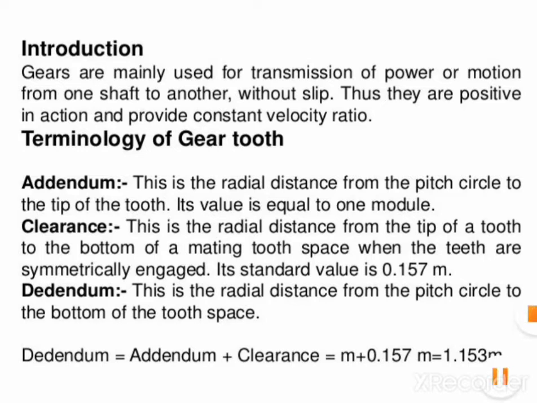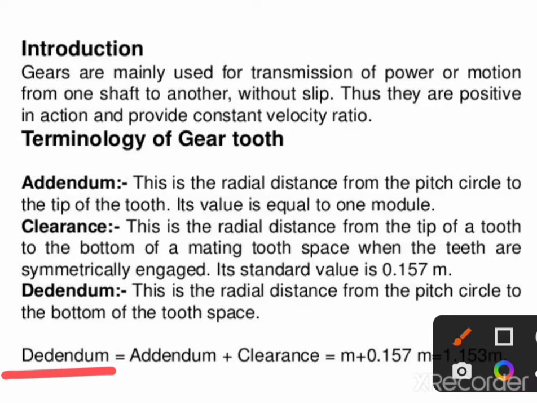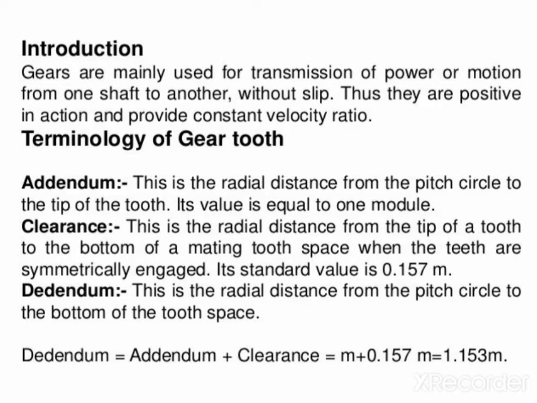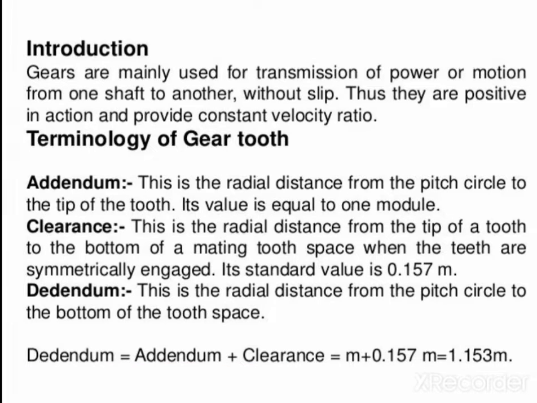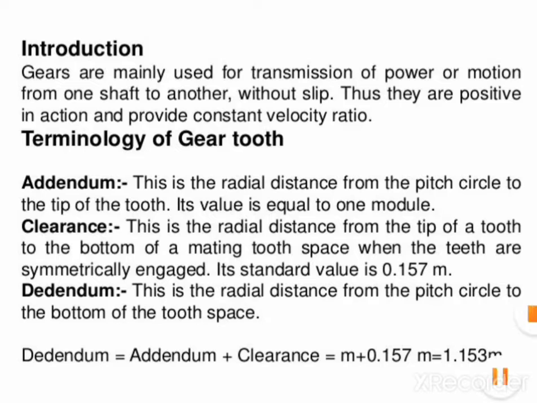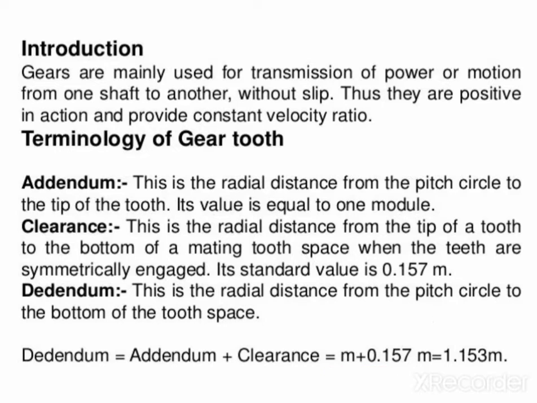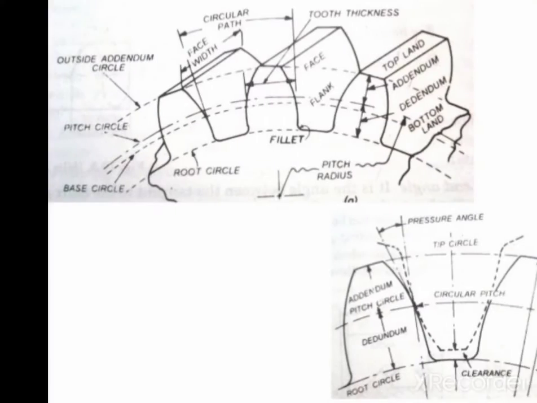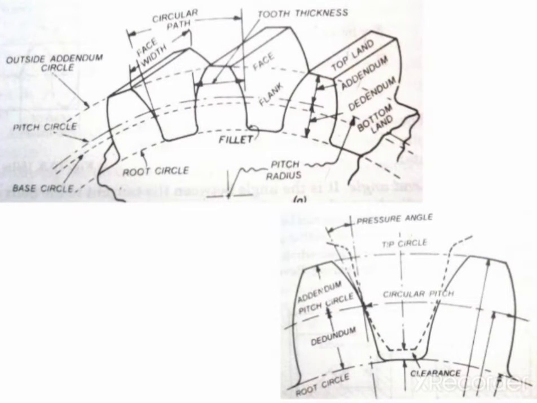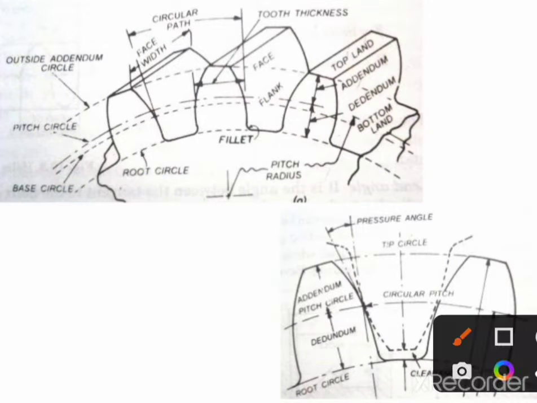Here an important formula is given: dedendum is equal to addendum plus clearance. That is, if addendum is represented by m and clearance is 0.157 m, then dedendum is 1.157 m.